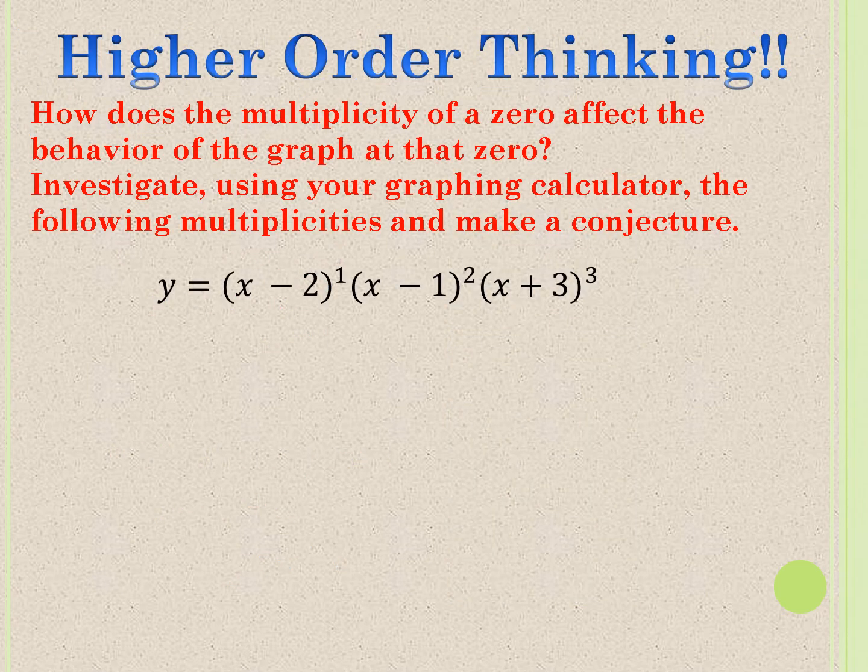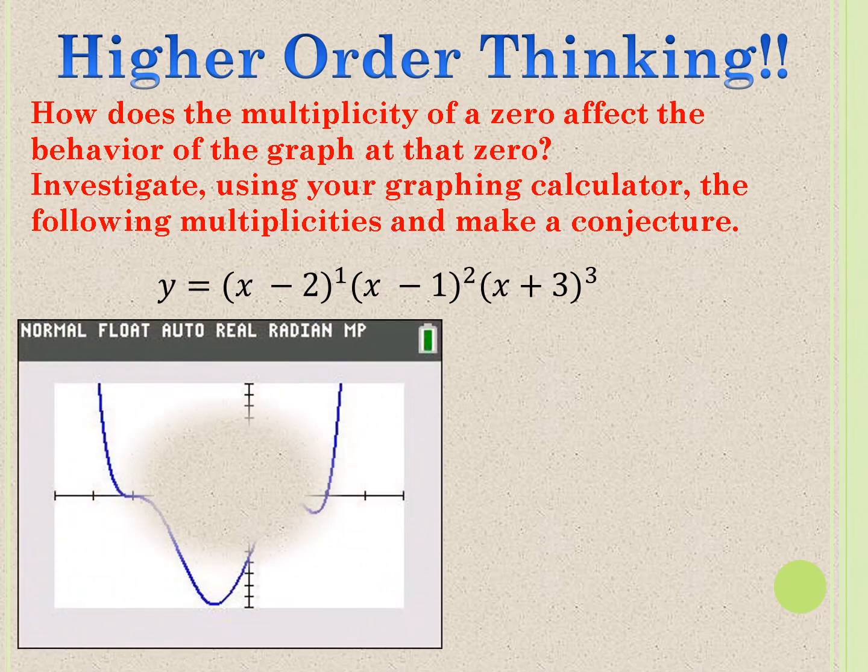So we know that if the multiplicity is even, it's a bounce. It hits the intercept and bounces. If it's odd, it crosses over, it goes straight through. But also multiplicity affects the shape of that graph at that intercept. So let's look here.